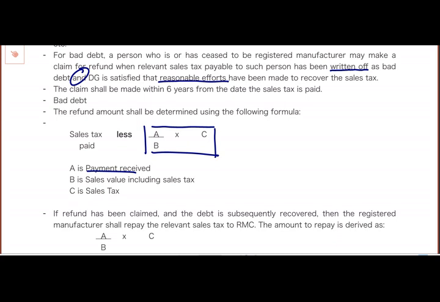You take out this portion as the portion of the sales tax that you have recovered. So the balance is the sales tax that is not recovered. So you ask for a refund.